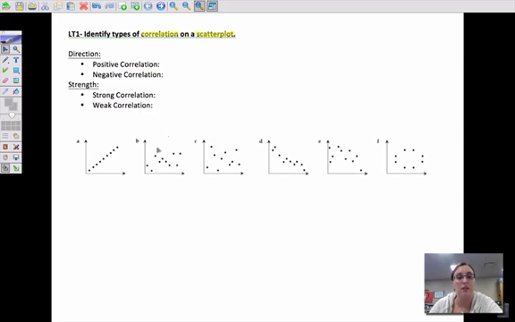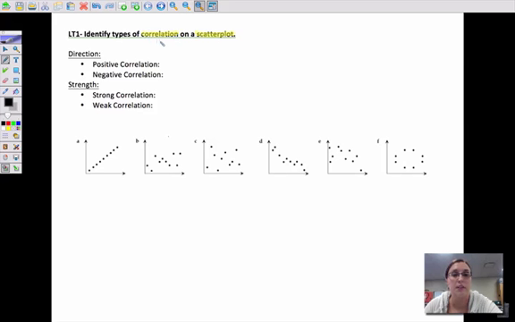As you can see below, there are all of these different pictures of scatter plots. Remember, a scatter plot is just an arrangement of points on a graph, an X and Y graph. That was something we've talked about in 8th grade before. The pattern that you see in those is called a correlation.